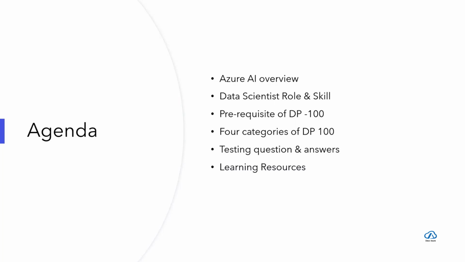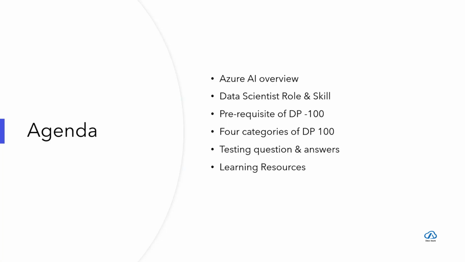The purpose of this session is to be interactive. To be honest, DP100 is not like AI 100 or AI 900. AI 900 is one of the easiest, AI 100 is not too complex, but DP100 I personally felt is very comprehensive. You need to cover a lot of things.